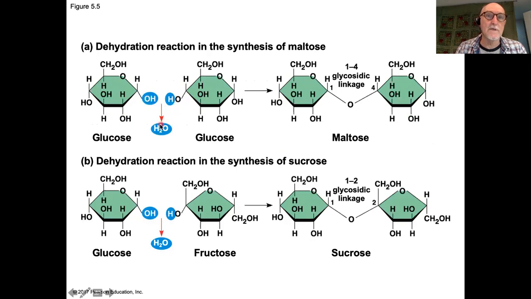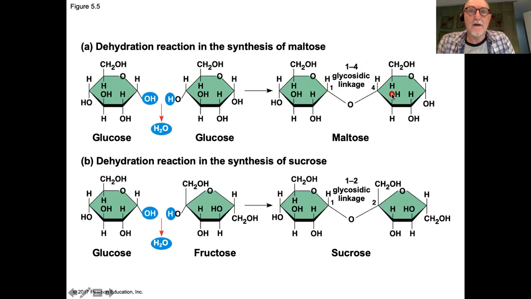HOH, take that out, it's dehydrated, and we join them together. And this bond here, you must remember, is a glycosidic linkage. It is a glycosidic linkage. Don't worry over much about the numbering. The numbering is where the bonds take place. It takes place between C1 and C4. That's a 1,4 glycosidic linkage. I just want you to remember there's a glycosidic linkage. And it forms this molecule here.